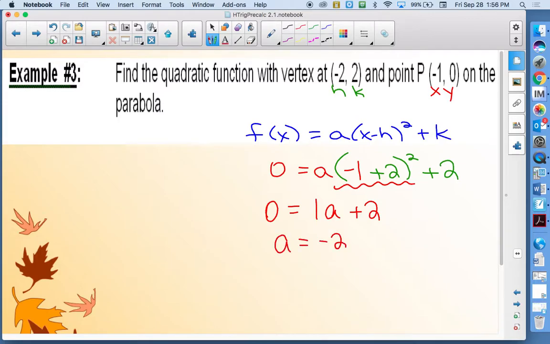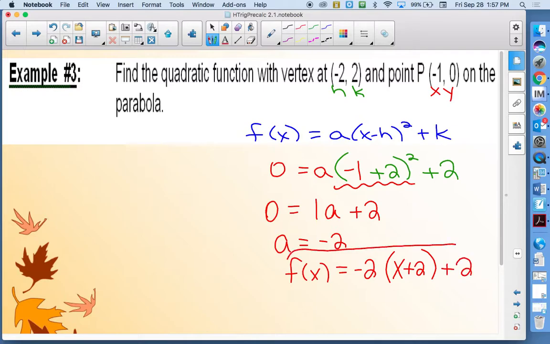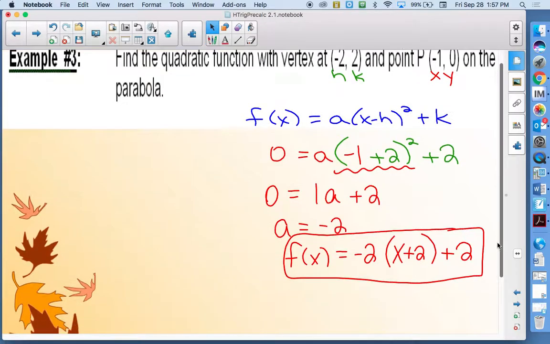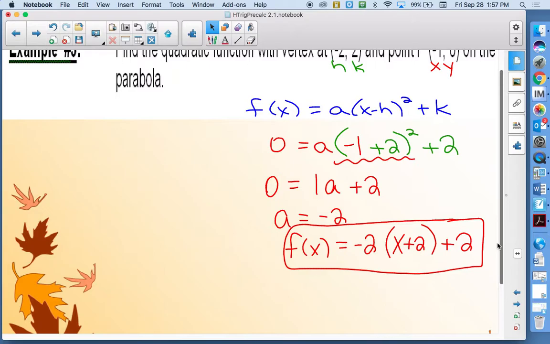So you get a -2. Lots of 2's. So -2 means it goes down. Chelsea said the vertex becomes a +2 when you plug it in. The k value was already positive. So that would be the other type of problem that you'll see, really isn't a lot of work. Questions?